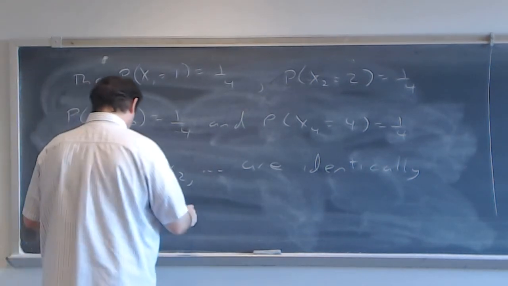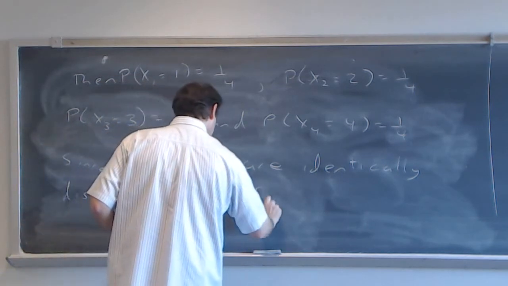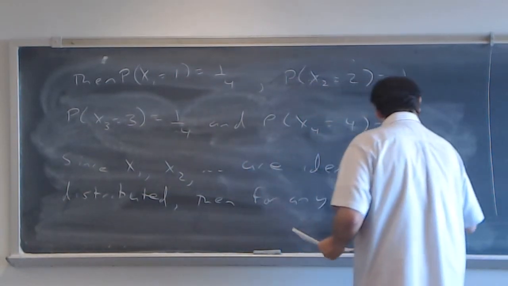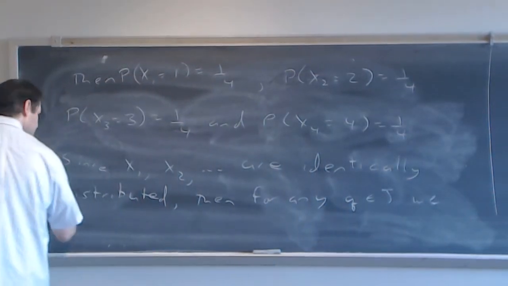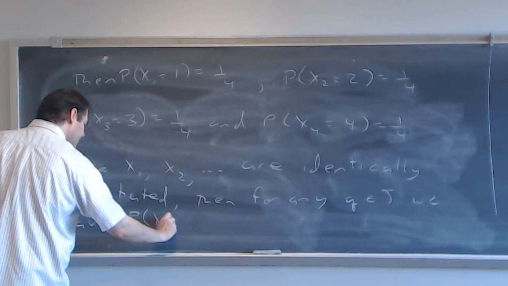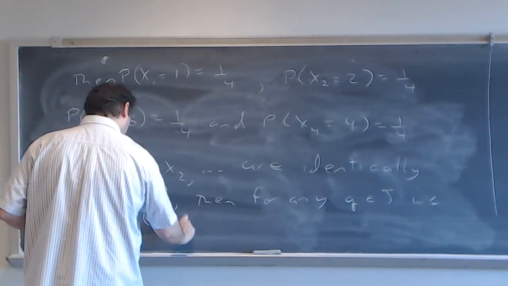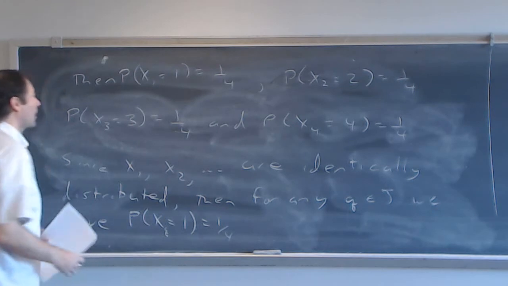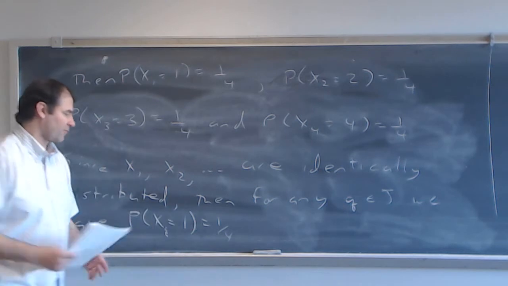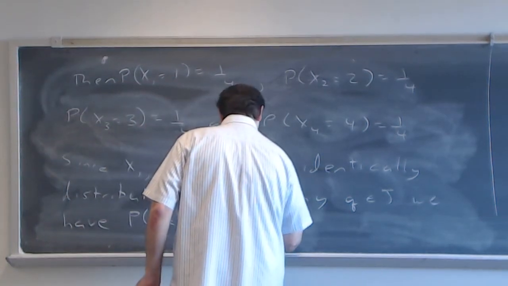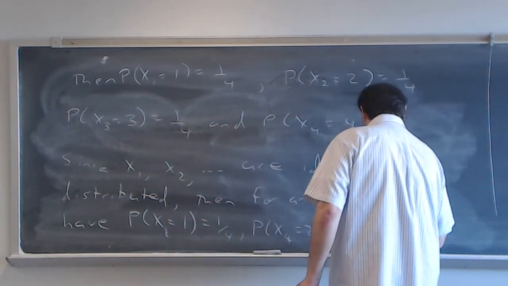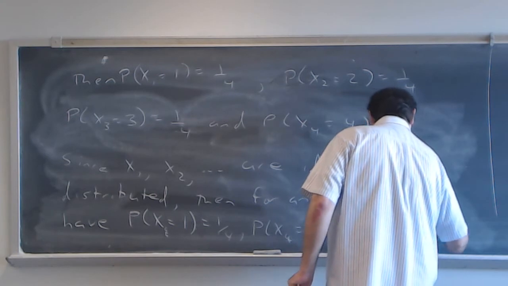For any q in the positive integers, the probability that X_q is equal to 1 is 1/4. So for all the random variables in our sequence, the probability that one of them is equal to 1 is 1/4. The probability that X_q equals 2 is 1/4. The probability that X_q equals 3 is 1/4.